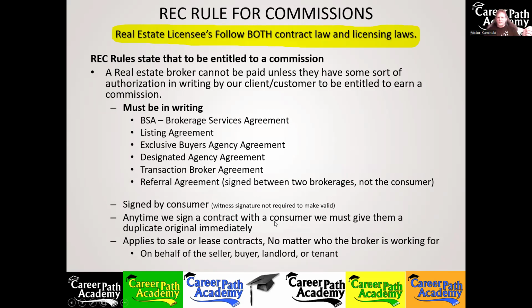And anytime we sign a contract with the consumer, we must give them a duplicate original immediately. You guys recall what a duplicate original is, right? Copies with original signatures. So it's basically many originals. And this applies to sale or lease contracts, no matter who the broker is working for, on behalf of the seller, buyer, landlord, or tenant.